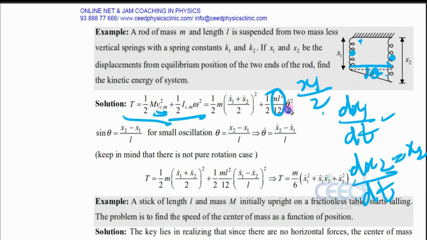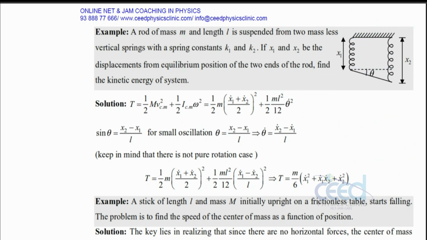We know omega is d theta by dt, which we can write as theta dot, the angular velocity, squared. So half I omega squared, with I equal to m L squared by 12. Now from this figure, sin theta is the difference x2 minus x1 divided by L.